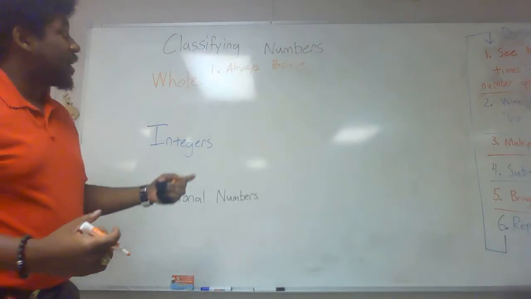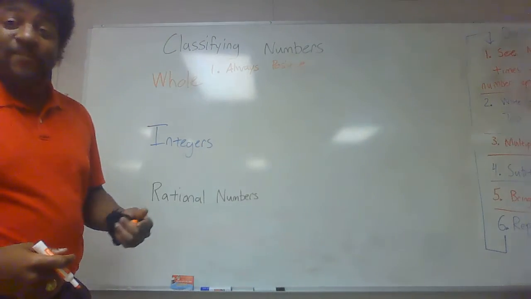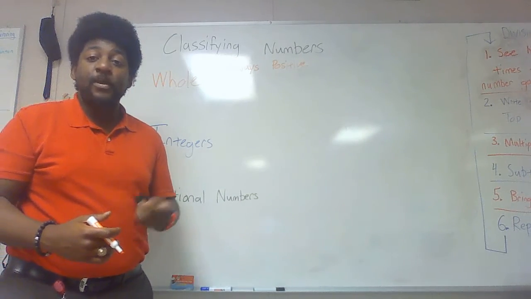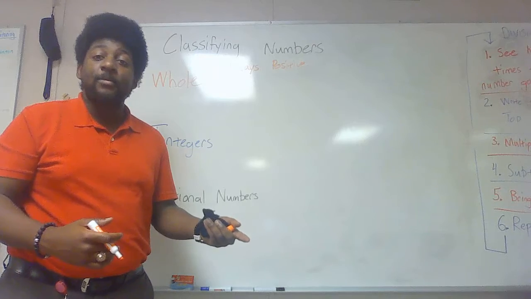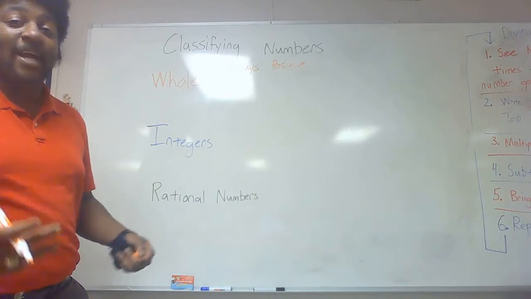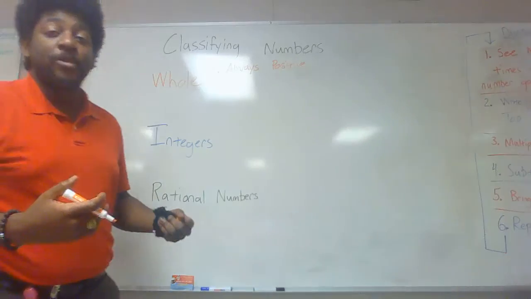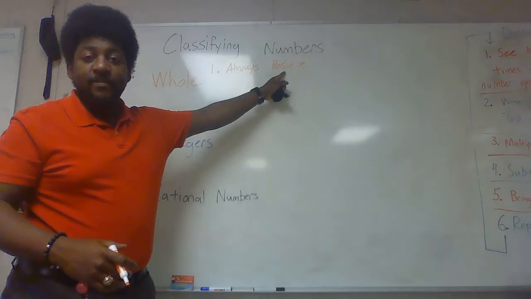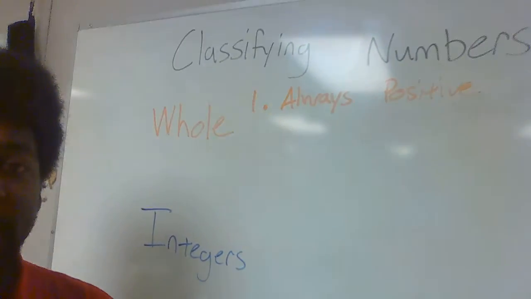You watched that video. Negative numbers, even if it's -3, cannot be a whole number. +3 would be a whole number, but -7, -8, -9, none of those are actually whole numbers because they are negative, and whole numbers are always positive. Hopefully you can see that.